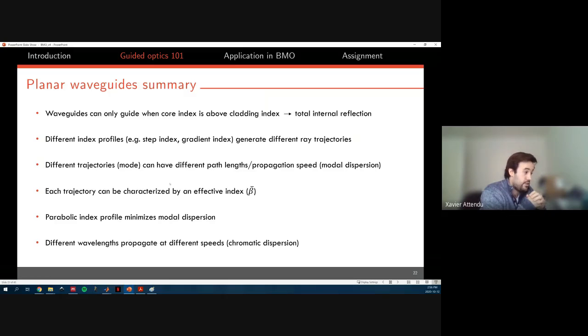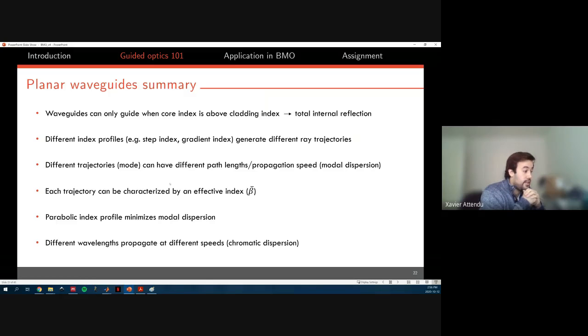Different index profiles will have different trajectories. So I showed the step index one, which is just like bouncing, or the gradient index with a parabolic profile, which turns out to be sinusoidal shapes. Other shapes exist as well. Different trajectories, different paths can have different path lengths and propagation speeds, which is what we call modal dispersion.